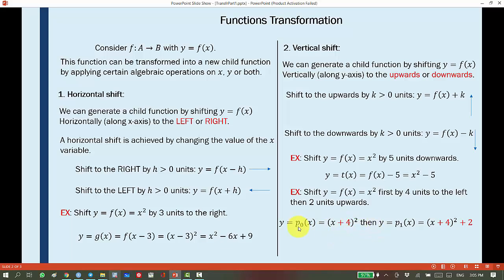Then shift this child function 2 units upwards. That is, p1 of x is equal to x plus 4 all squared plus 2. Remember that this plus 4 is the shift of the parent function 4 units to the left, and this plus 2 is 2 units upwards.